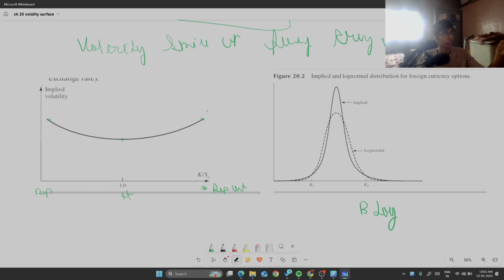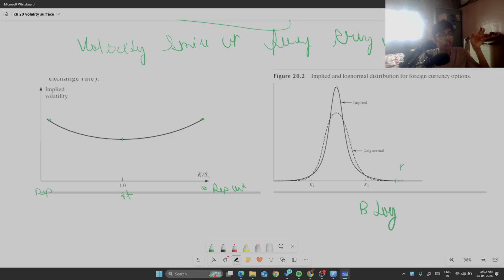so it creates a smile-like structure. Now if we plot the implied distribution, we match the mean and standard deviation to a lognormal distribution, and if we plot it we get a more peaked distribution with heavy tails.